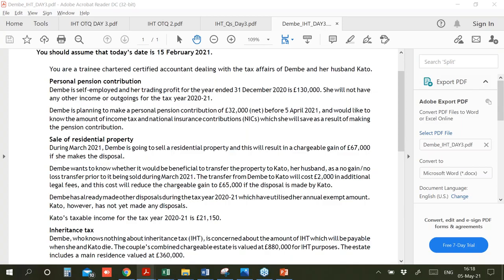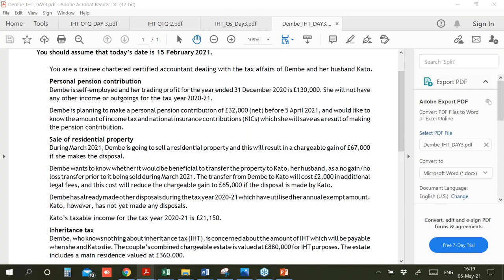Come on, guys. Think. I'm glad that two of the students have answered it very correctly. Yes, guys. Standing at 130, Dembe is not getting any of the personal allowance, because once you cross around 125,000, you don't get any personal allowance. However, the personal allowance is dependent upon your adjusted net income. And how do you calculate adjusted net income?